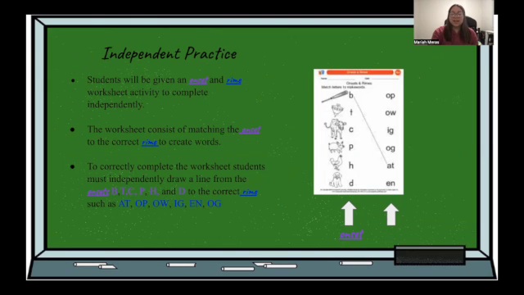And on the right side, we have a rhyme for op, ow, ig, og, at, and en. The first one has been completed for us. It shows a picture of a bat. So they have drawn from the onset B to the rhyme at to create the word bat.